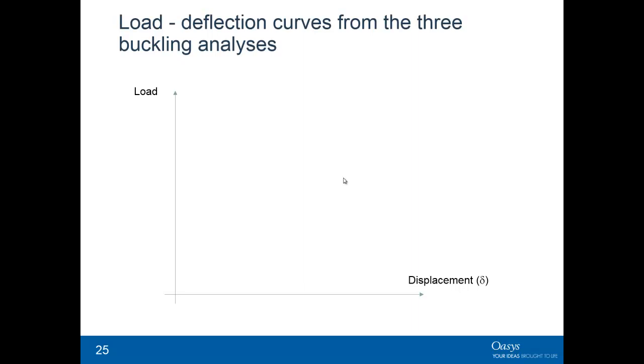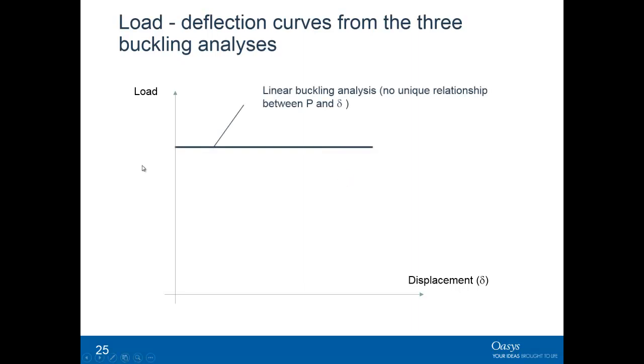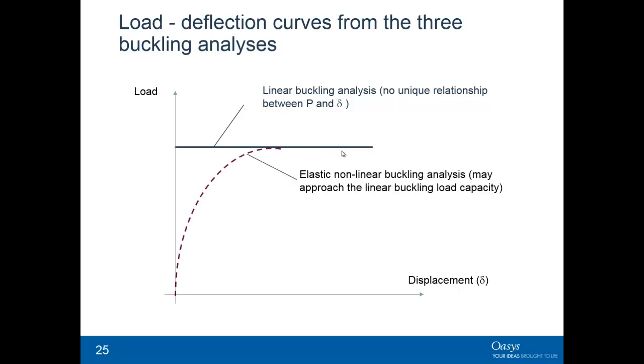How do the results compare? Well, if you've got a linear buckling analysis, you just get a load. The displacement, as I mentioned, isn't really calculated. With the elastic nonlinear buckling, you'll get buckling results which will approach, might even reach, the linear buckling analysis, but generally hopefully you'll come close.